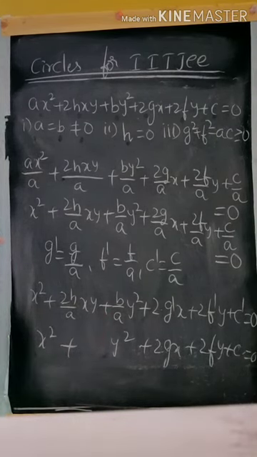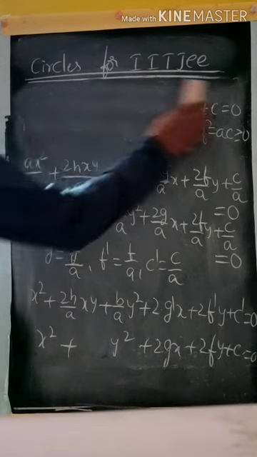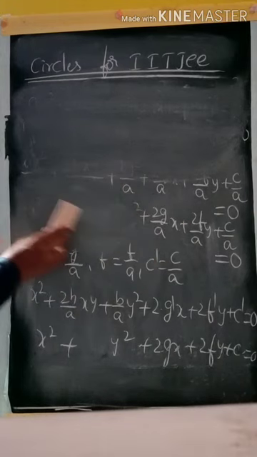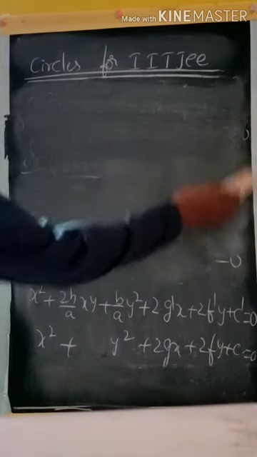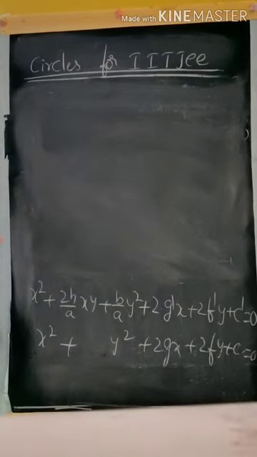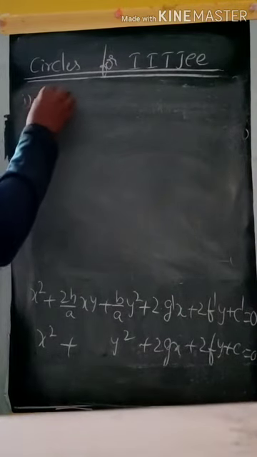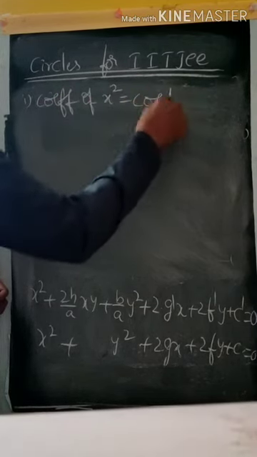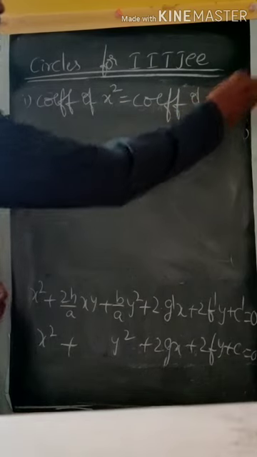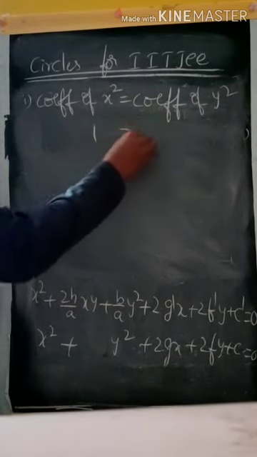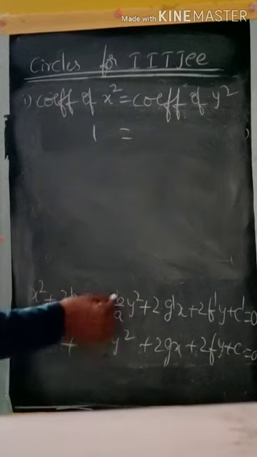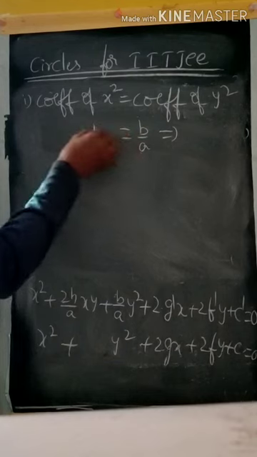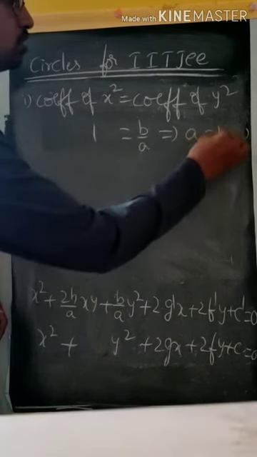So the coefficient of x² should be equal to the coefficient of y². So first condition: coefficient of x² equals coefficient of y². Here coefficient of x² is 1, coefficient of y² is b/a. That implies b = a·1, so a = b.